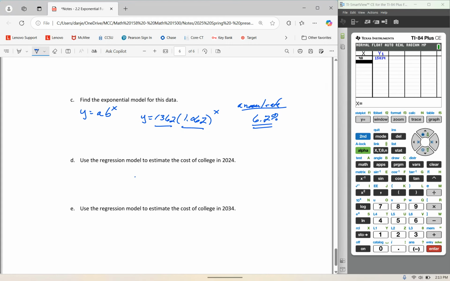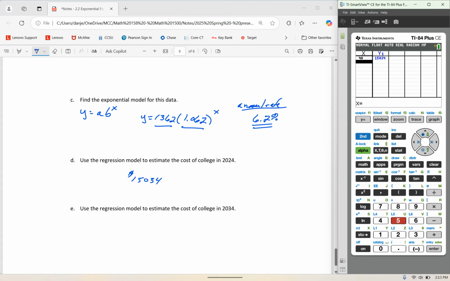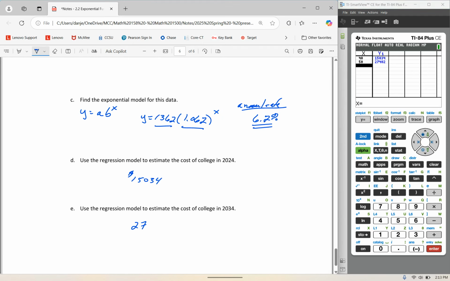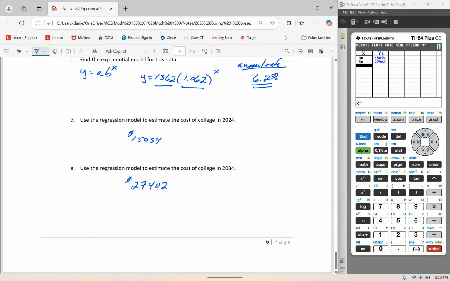So I would estimate that the cost of college now is $15,034 at a 4-year public school, just for tuition and fees. For 2034, that's another 10 years into the future. I would estimate the cost of college in 2034 to be $27,402.